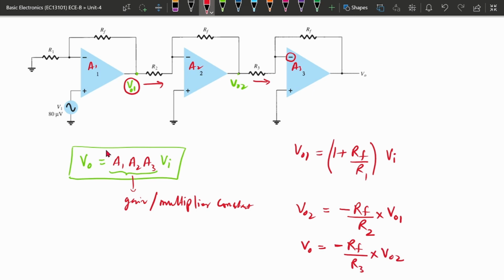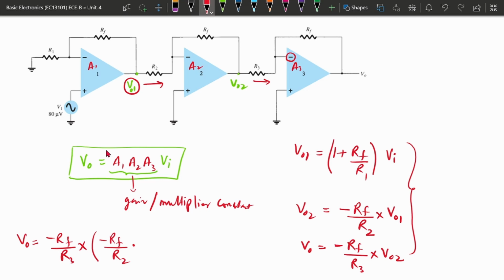Okay, so finally by putting all these values, we can get the output voltage. The output voltage will be minus Rf by R3 multiplied by V02. So we'll just put the value of V02, which is minus Rf by R2 into V01.